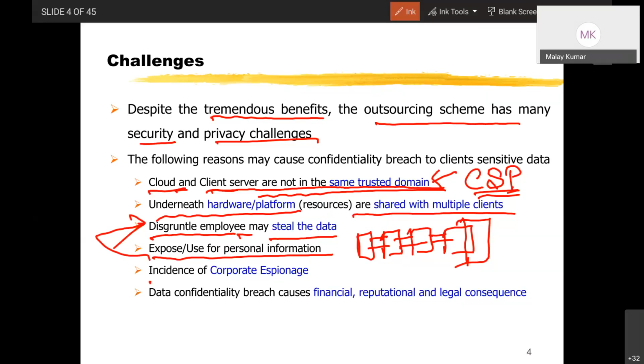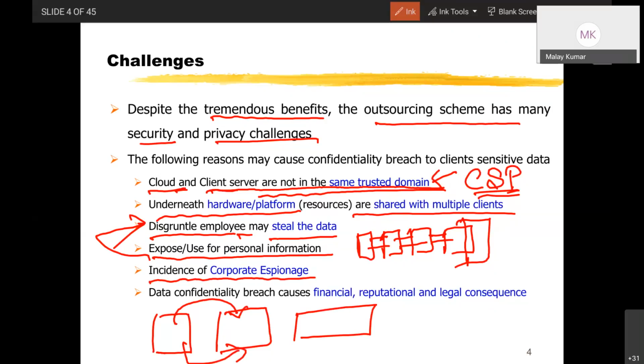Also, there is the incidence of corporate espionage, means if there are two competitor companies, they may launch such kind of attack where they try to confidentially read the secrets of another company, and for that purpose they inject employees into the cloud environment.